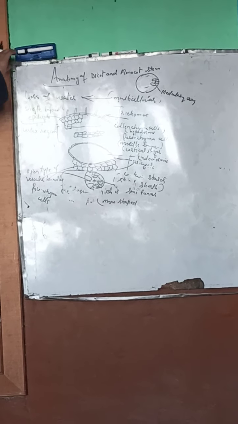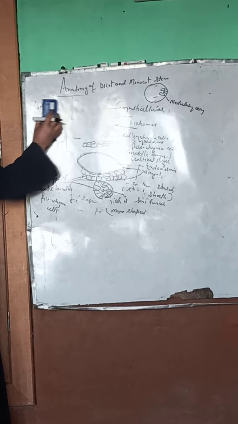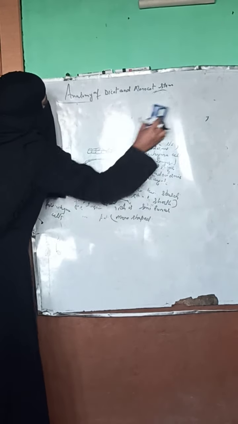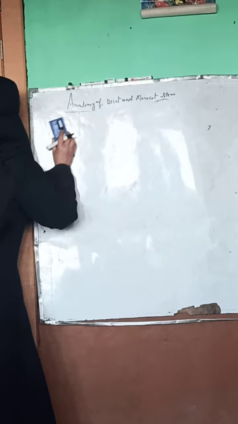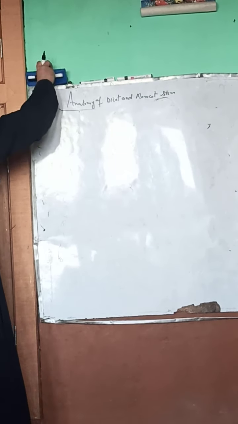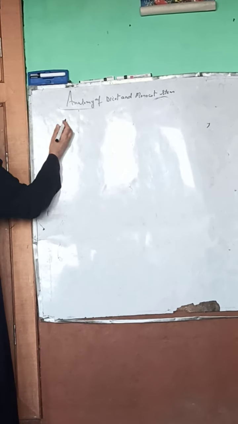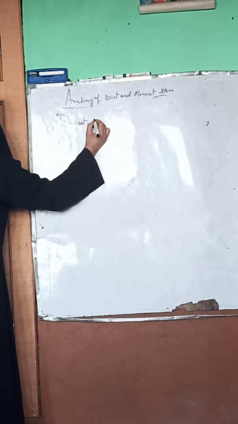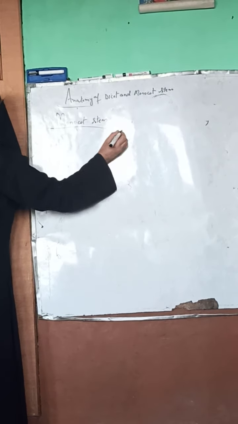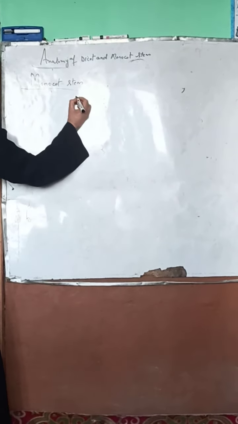Now we can talk about the monocot stem. In case of the monocot stem, I will draw the vascular bundles here.